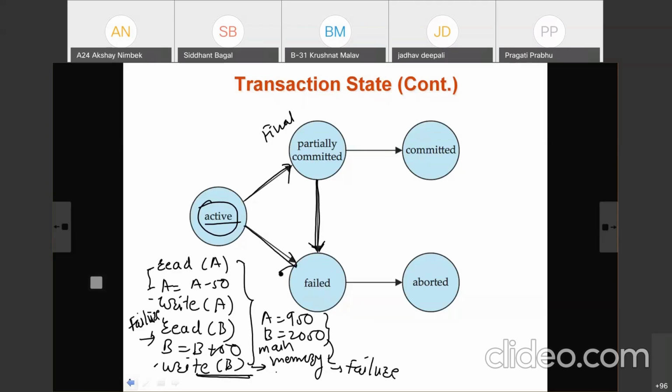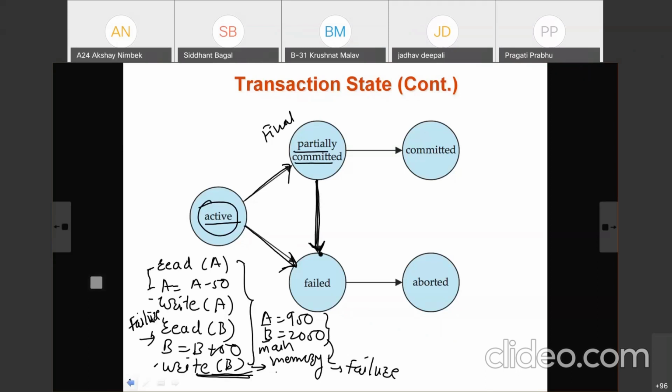Have you understood why these two arrows come towards the failed state? The first is that after execution of the final instruction, the transaction enters the partial committed state, meaning the changes made by the transaction are still in the main memory. So if any kind of failure occurs, it may enter the failed state.